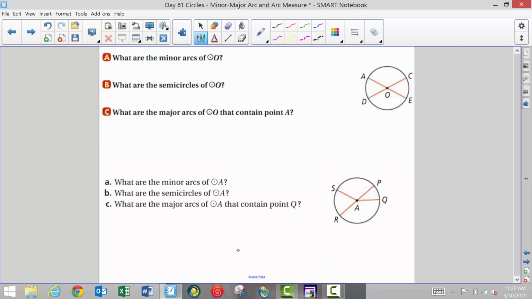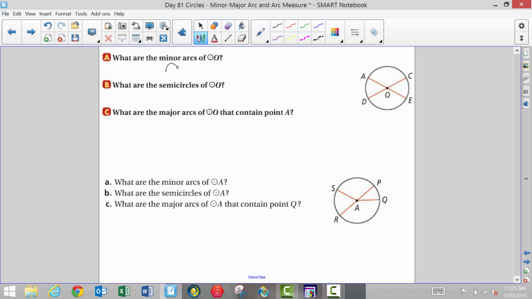We need to be able to recognize minor arcs, semicircles, and major arcs. Take the minor arcs of circle O. Minor arcs are between 0 and 180 degrees, so they're less than half a circle but greater than 0.